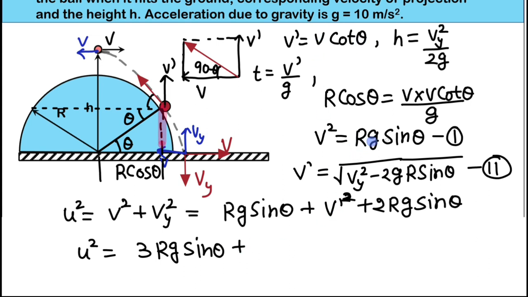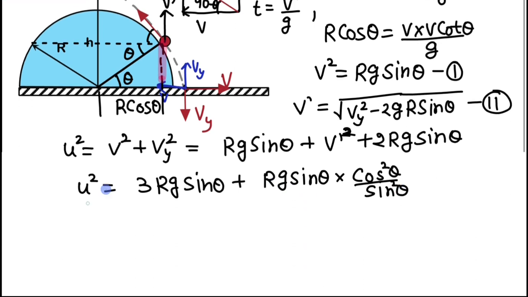V square we can write from here rg sine theta, so rg sine theta multiplied by cot square theta, right? So this term is cot square theta, and that can be written as cos square theta by sine square theta, right? So that term will become, so if I just keep on solving this, rg will be common here.